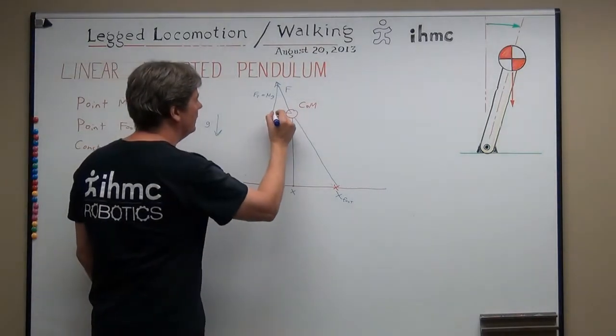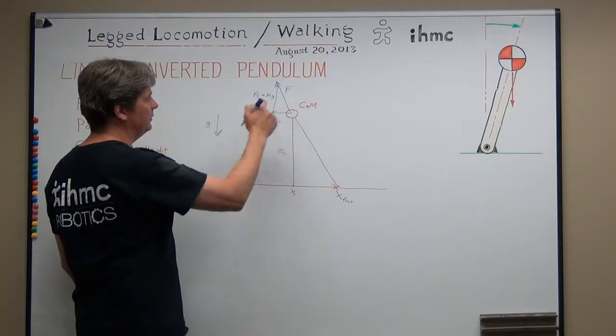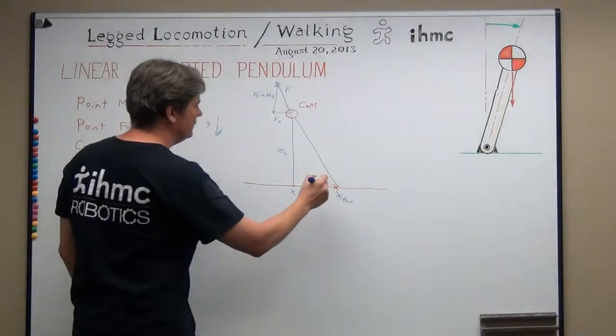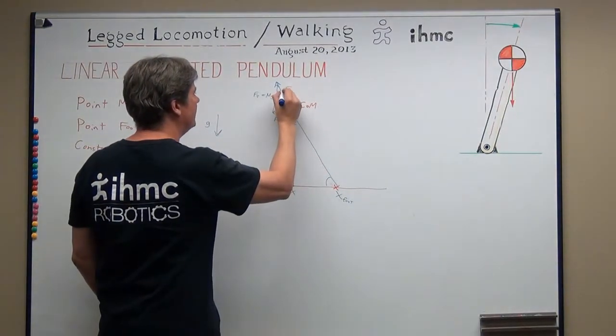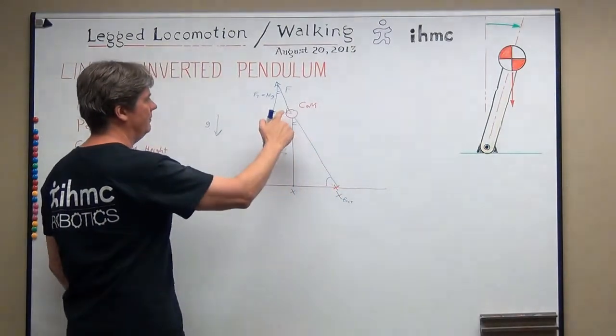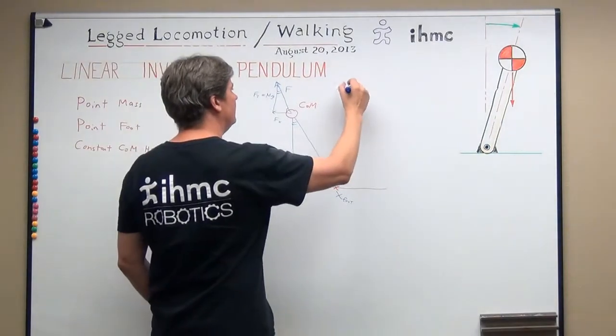Now, what's neat about these two triangles? They're similar triangles. So this angle equals that angle, and this angle equals that angle, and because of that, this divided by that equals that divided by that.